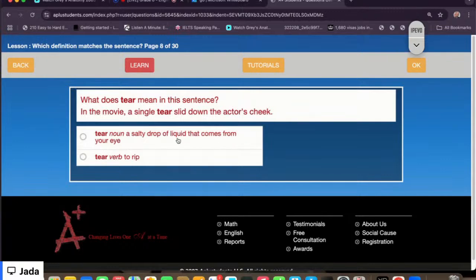What does tear mean in the sentence? In the movie, a single tear slid down the actor's cheek. So, tear, noun, a salty drop of liquid that comes from your eyes. Verb, to weep. So, which is the right meaning of tear here?